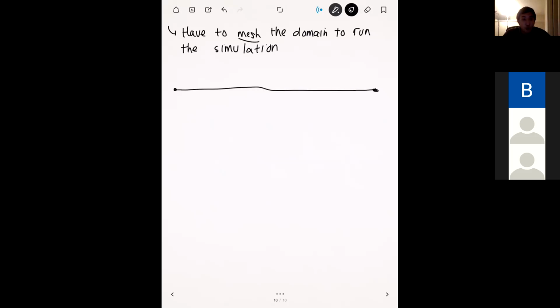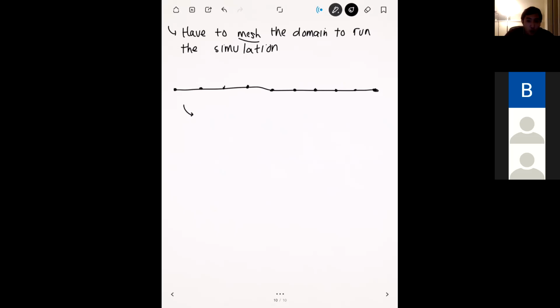For a 1D domain, our domain is simply a line, and the way that we mesh a line is that we break it up into a bunch of smaller lines. Instead of just having one big line segment here, we're going to break it up into lots of smaller line segments.